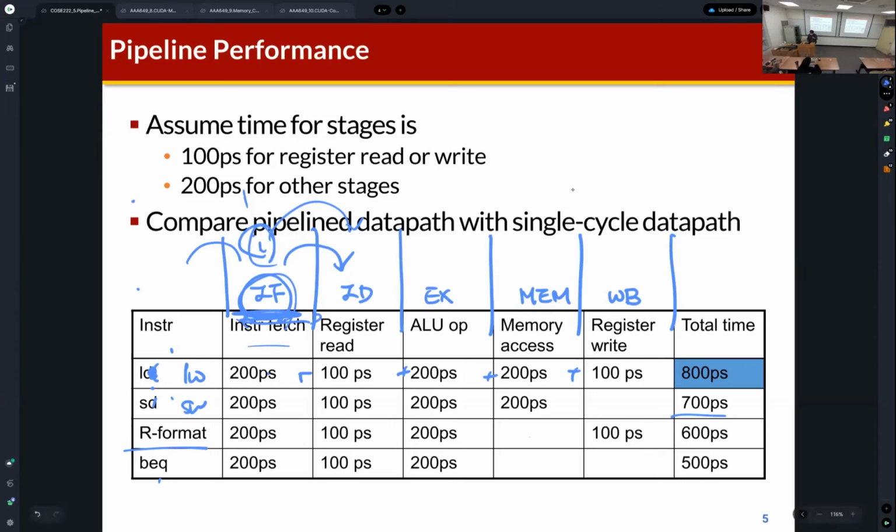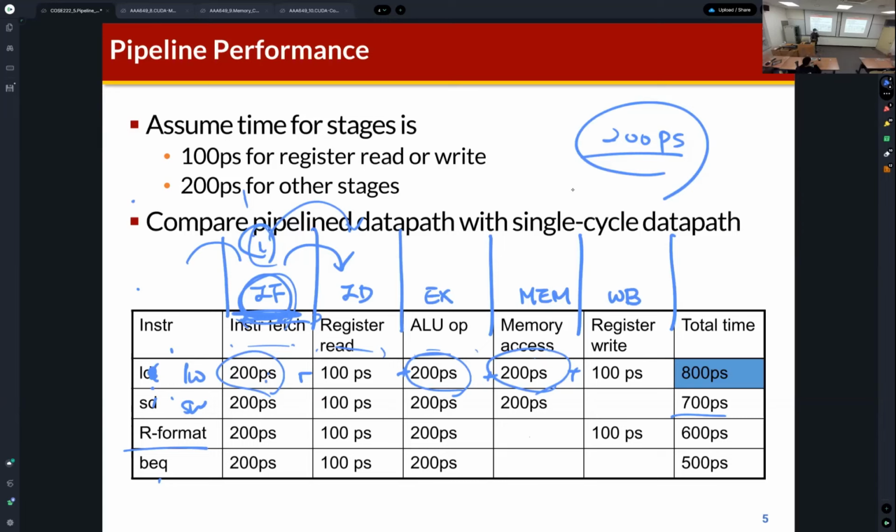If we see the delay of each stage, then the longest delay of the stages is 200 picosecond. It's 200 picosecond, 200 picosecond, and 200 picosecond. So which means that one stage of pipelining can be completed in 200 picosecond.